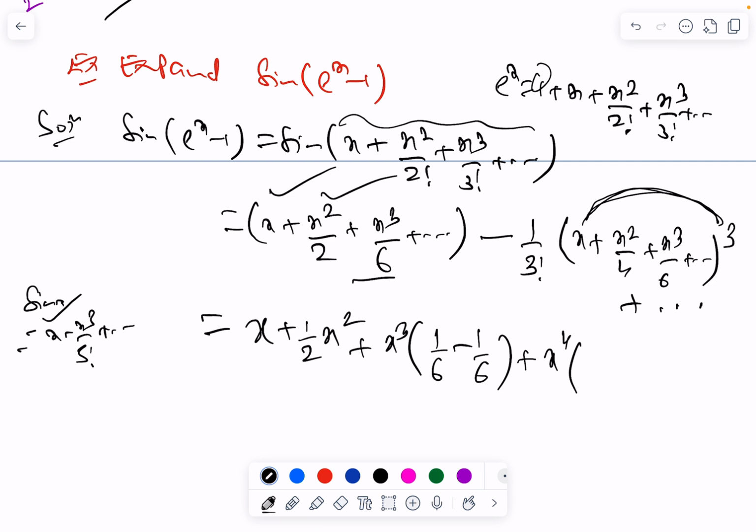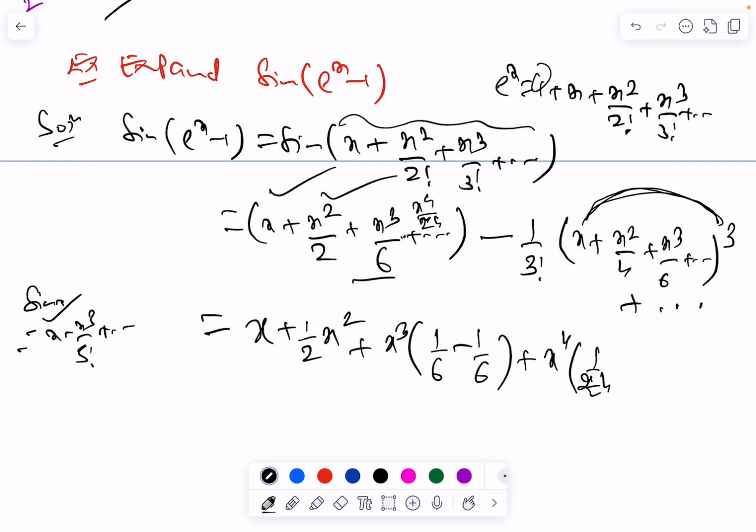X power 4 we will get from here also. So here we'll get one x power 4 term, x power 4 by 24, 1 upon 24, 4 factorial.